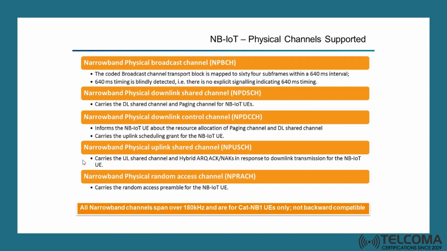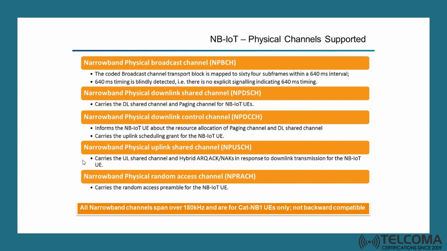The narrowband physical uplink shared channel NPUSCH carries the uplink shared information as well as hybrid ACK/NACK in response to the downlink transmission for the NB-IoT UE. The key thing to note here is that the PUCCH channel is not being used here, as well as the PHICH channel and PCFICH channel, which are present in legacy, are also not being used.